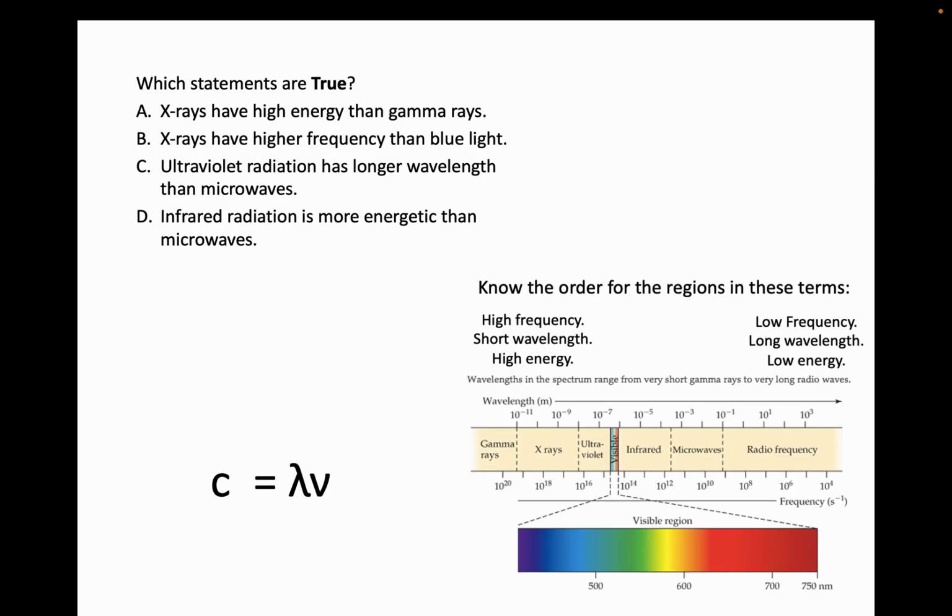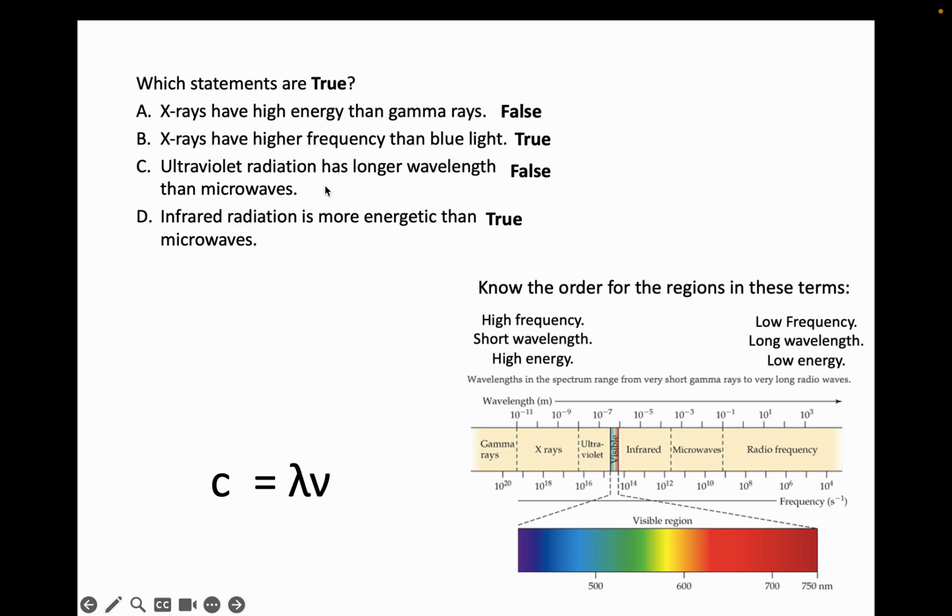This is looking at the objective of knowing the order of the electromagnetic spectrum in these different properties. So if I were to look at this one, X-rays versus gamma rays, the gamma rays are higher in energy. X-rays versus blue light, X-rays have a higher frequency. They're to the left of my visible spectrum.